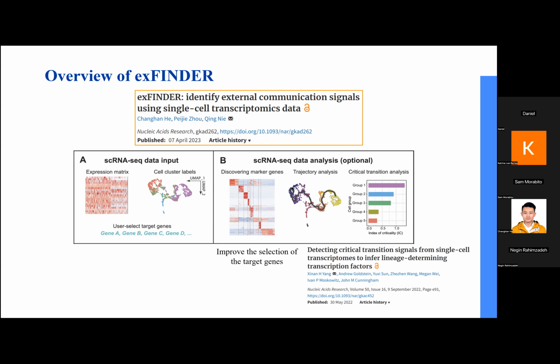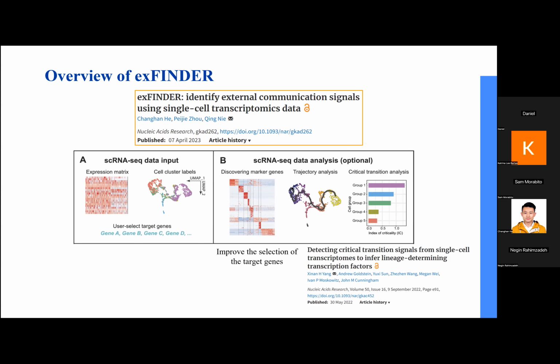This method can help us identify the cell population group that has the highest index of criticality. That means that cell population group is highly undergoing the critical transition. So these are part B, just some optional information.